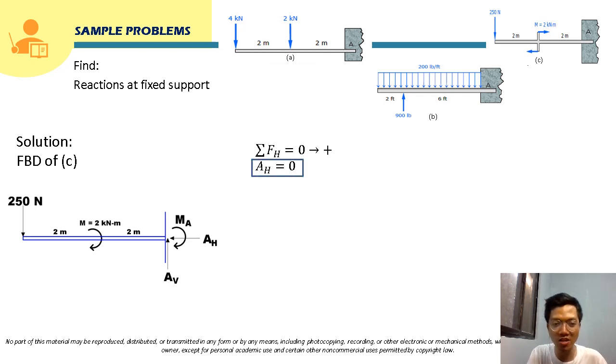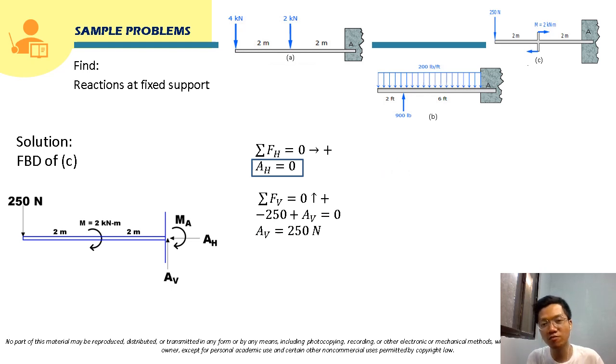Now for AV, we can just sum up forces vertical equal to 0. The only vertical force here is 250, and this is downward, so it will be negative here, plus AV, and it will be equal to 0. So solving for AV, obviously it is upward, right? Since the applied force is downward, it should be upward, and it is 250 Newton.